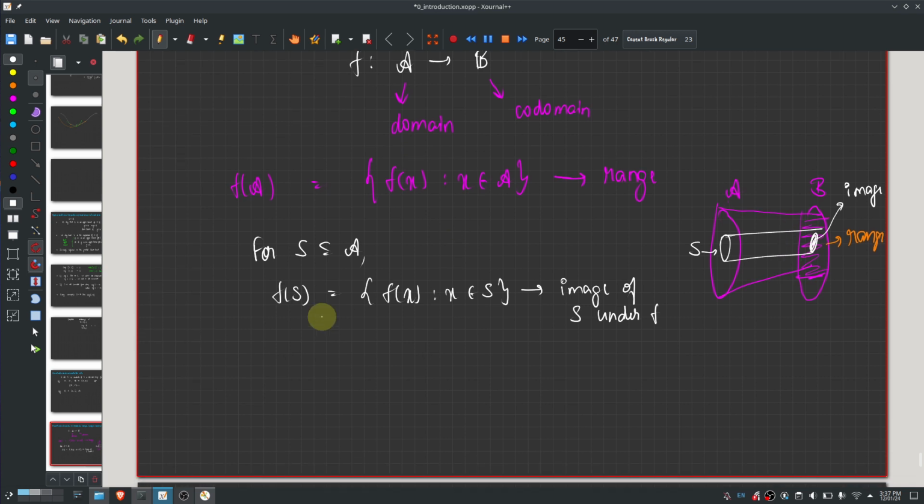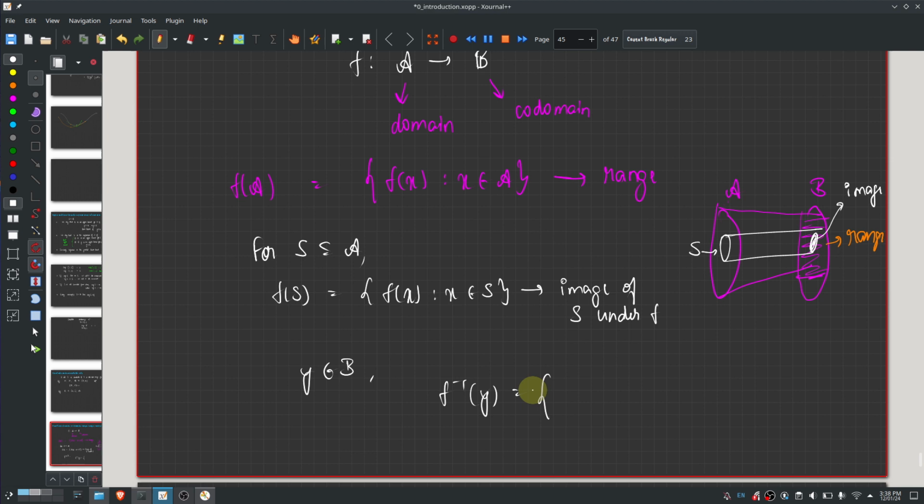And similarly, if I'm given any set S prime on the right hand side, then the inverse, or even before that, for every, let's say, y in B, f inverse y is essentially the set of all points that map to y.